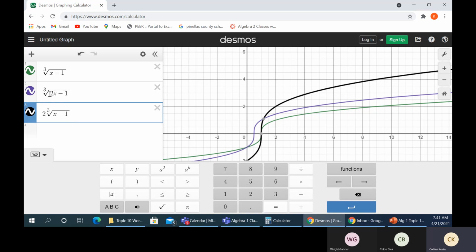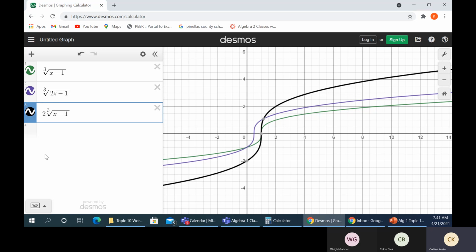So if they put the number under here, it's going to change it, but it's not going to be just a stretch, because then they take the cube root of 2. Here, this is exactly like this, except we're now multiplying it by 2, so we're stretching it up by a factor of 2. Does that make sense? Kind of a technicality, I know. Okay. So to be a true stretch, it's just a number on the outside multiplied by whatever you had originally.